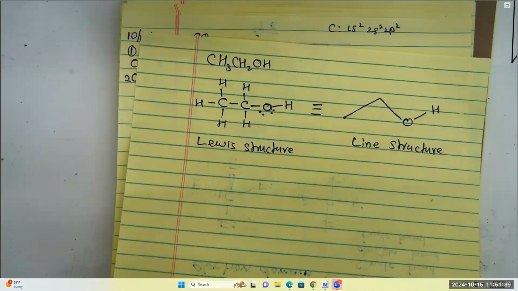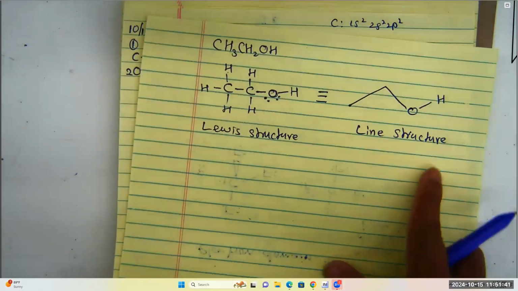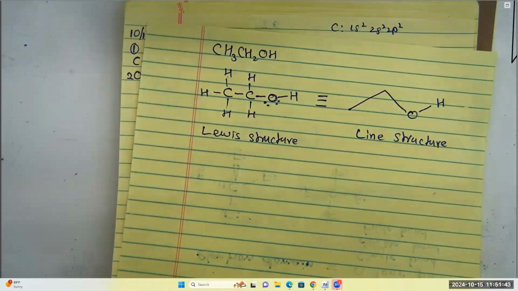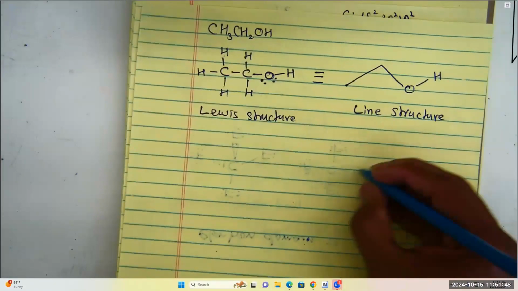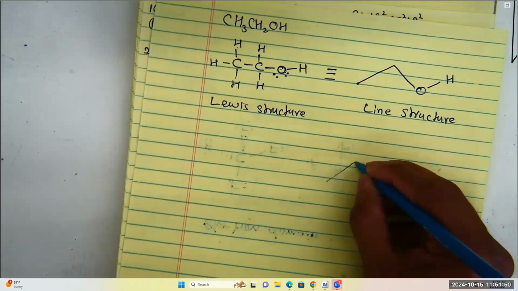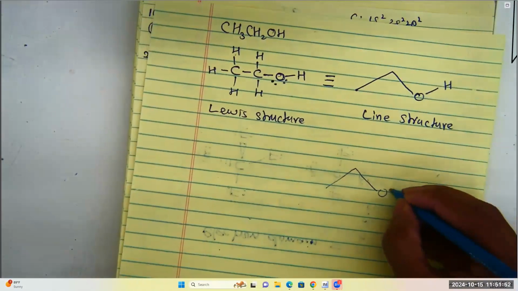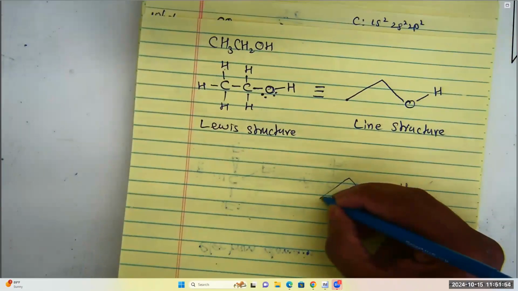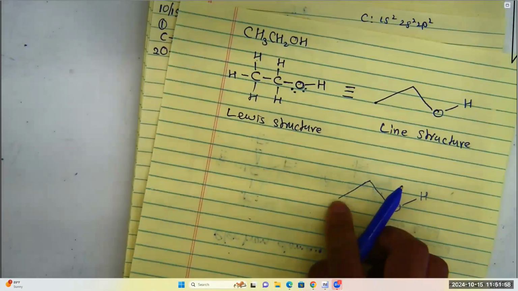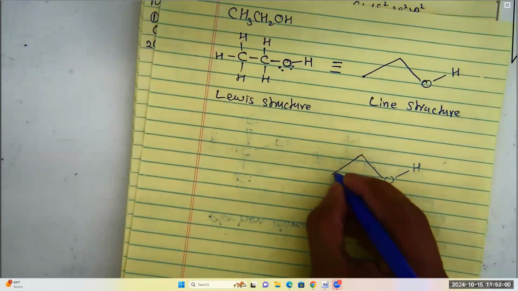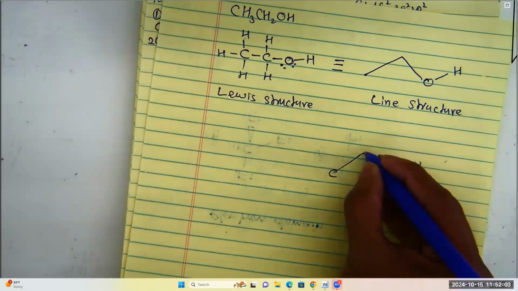I'm going to do one other thing here. I'm going to show you how to convert a line structure to a Lewis structure very easily. So I'm going to redraw this line structure. Here's my line structure. Here are the rules again. My ends are carbon. Here's an end, it is a carbon.